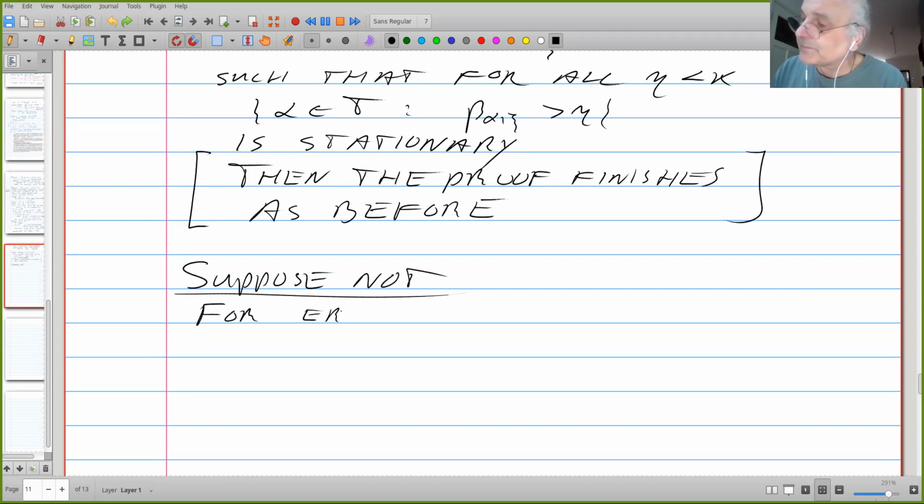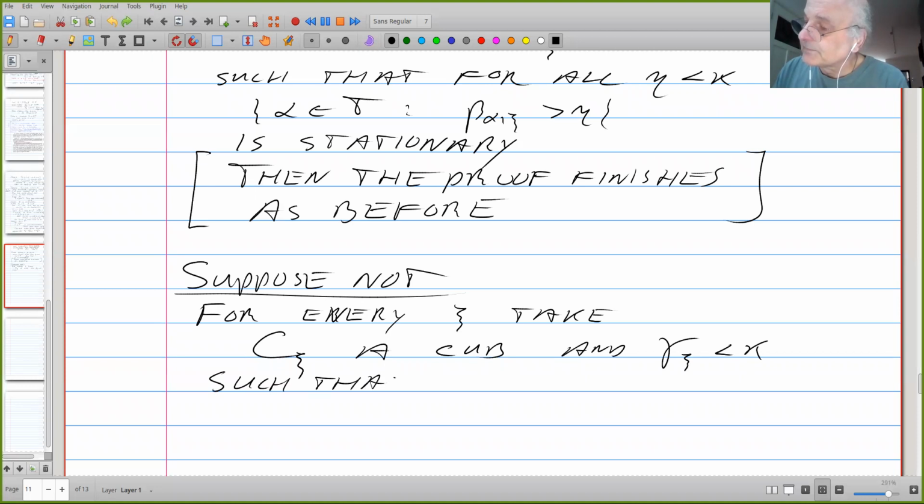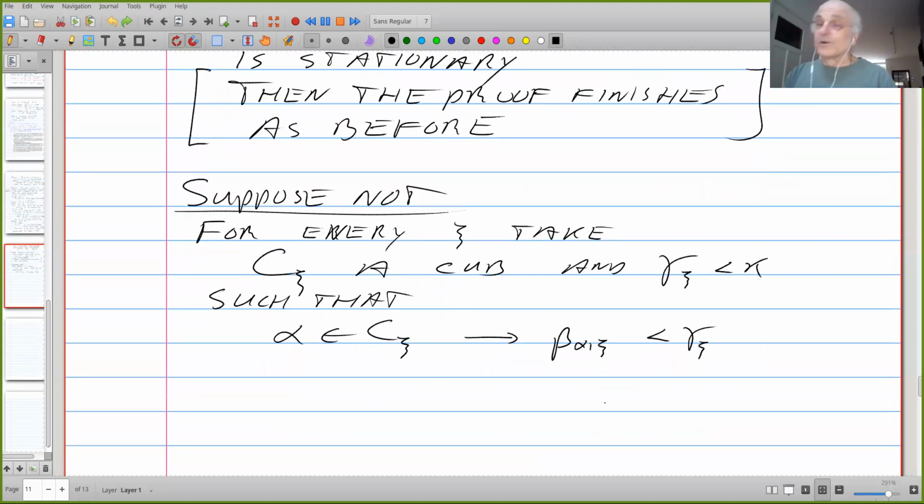For every psi, take C psi, such that things go wrong, which means that for all the alphas in C psi, the corresponding beta is too small.